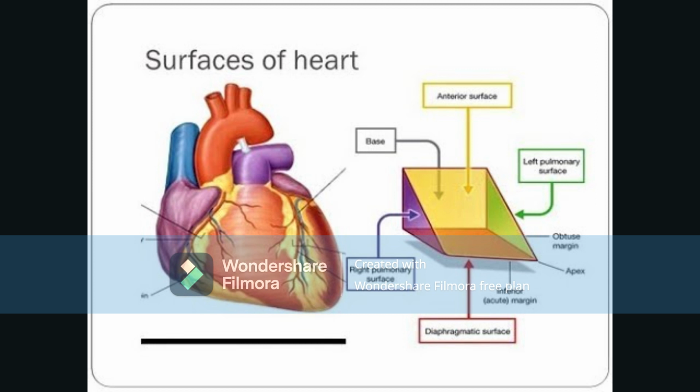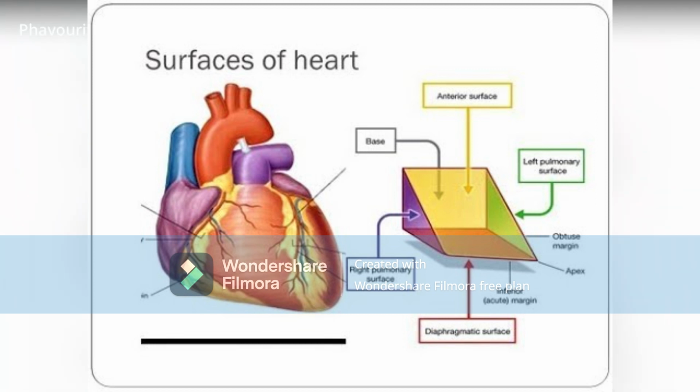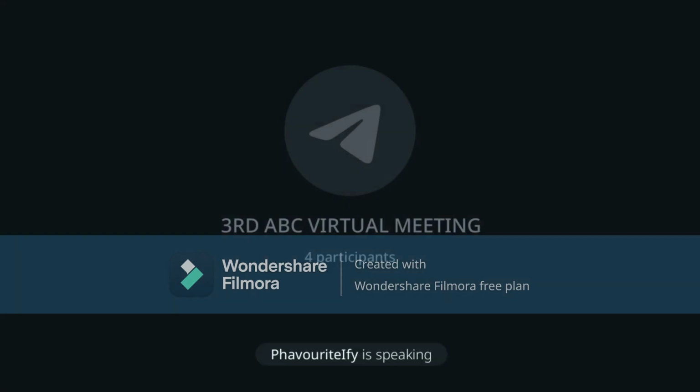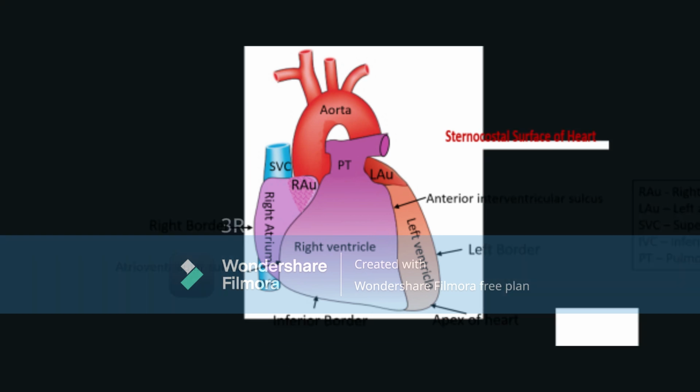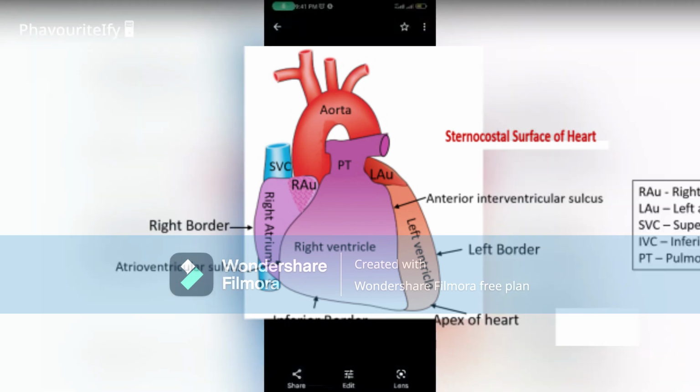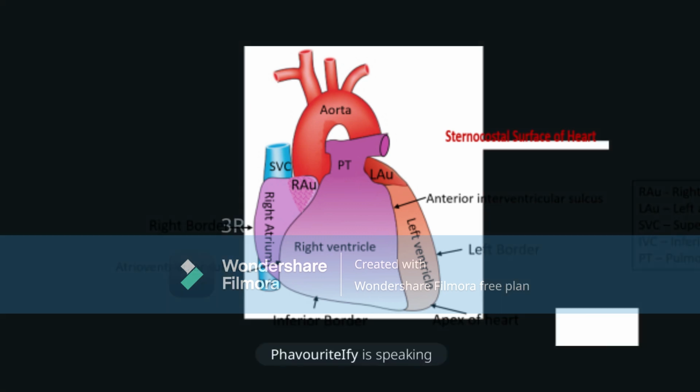So the next thing I will talk about now is the borders of the heart. The heart has 4 borders also, like the surfaces: the right border, the left border, the inferior border, and the superior border. The right border is slightly convex.